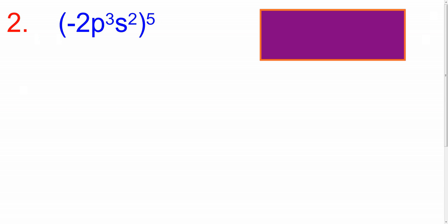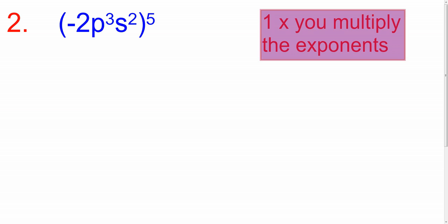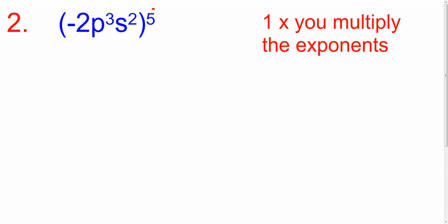Different than this, like we talked about, where you only see one base. This number out here doesn't have a base with it, and so that tells you it's being raised to a power, and then you multiply the exponents. So I just want you to be really careful here when you have coefficients, because lots of people forget to do that. So right now this is negative 2 to the 1.